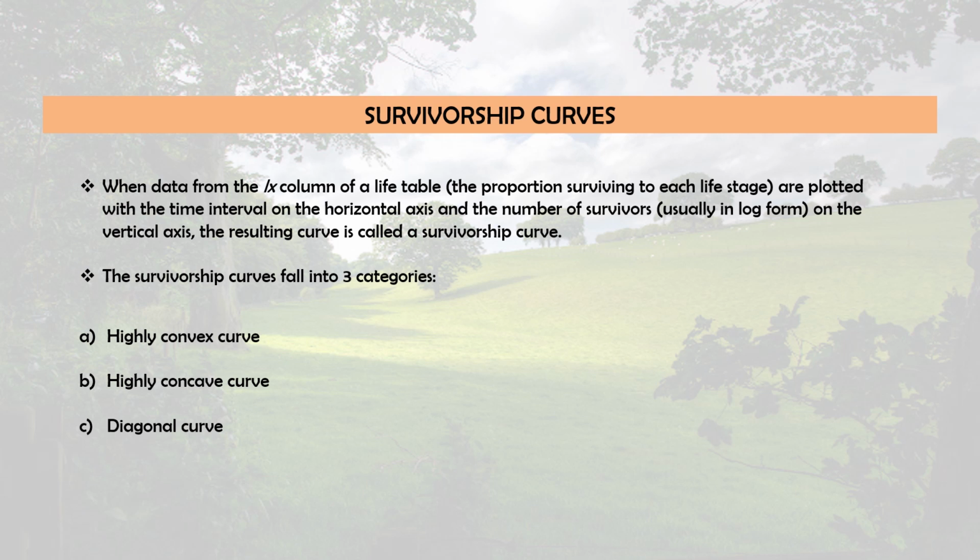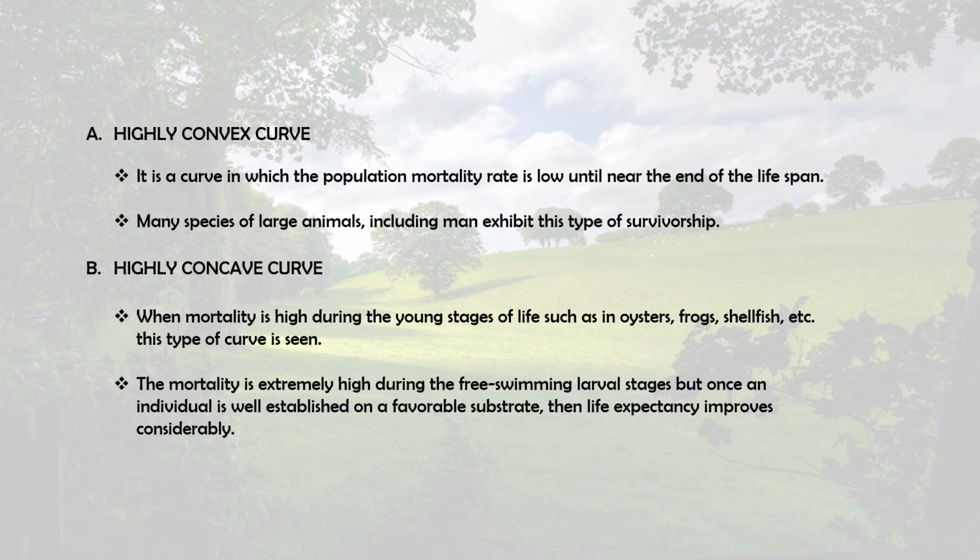And there are actually three major types of survivorship curves: highly convex curve, highly concave curve, and diagonal curve, and we are going to study about them one by one. Actually, first one is a highly convex curve, and it is a type of curve in which the population mortality rate is low until near the end of the lifespan.